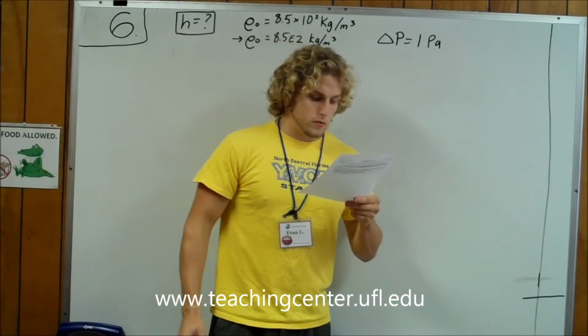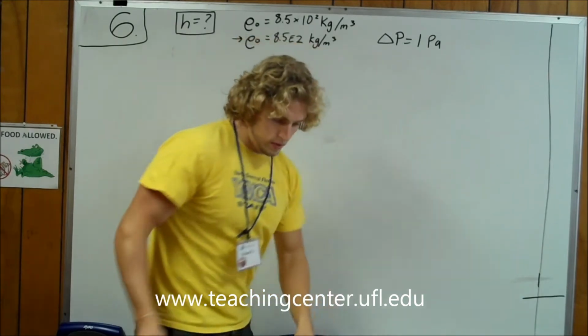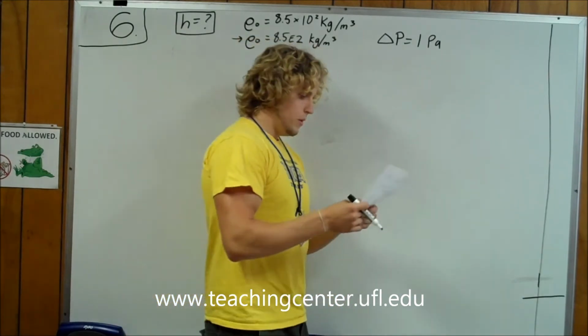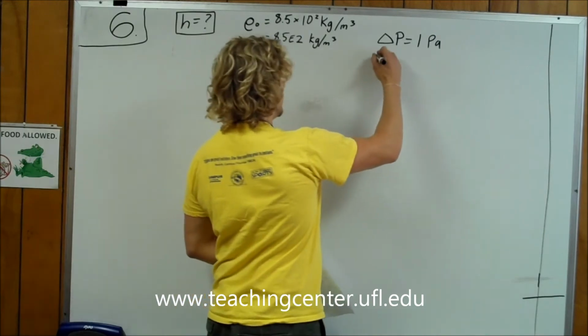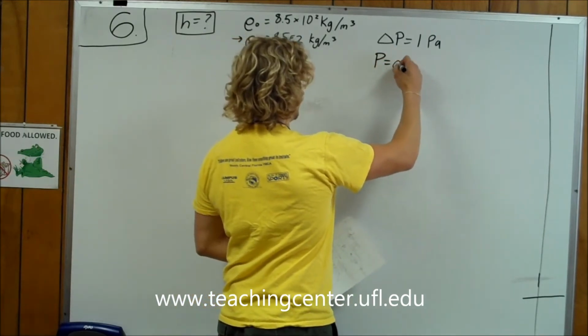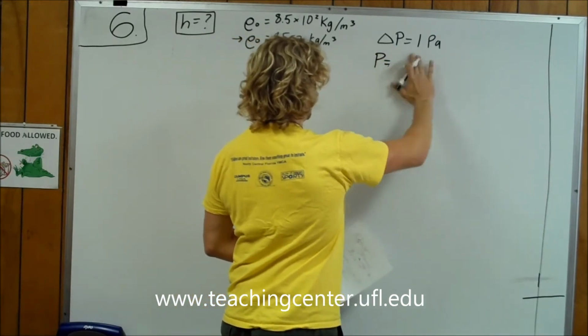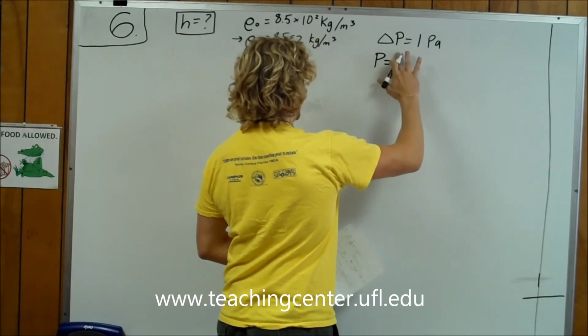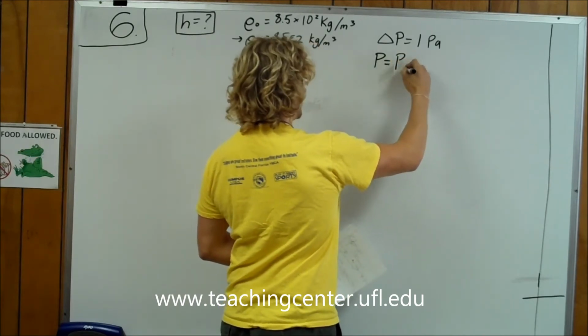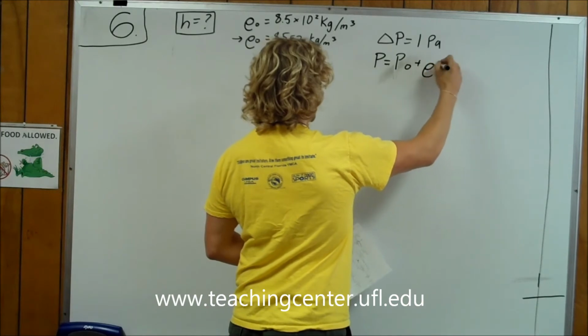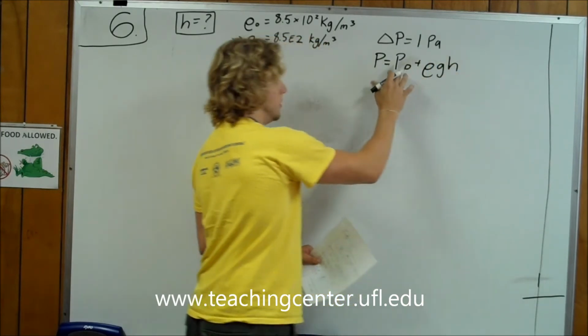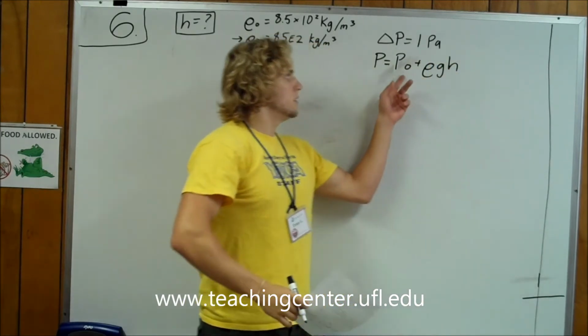So what you want to do is you start out with, you have pressure is equal to the original pressure plus rho GH. This is P naught.